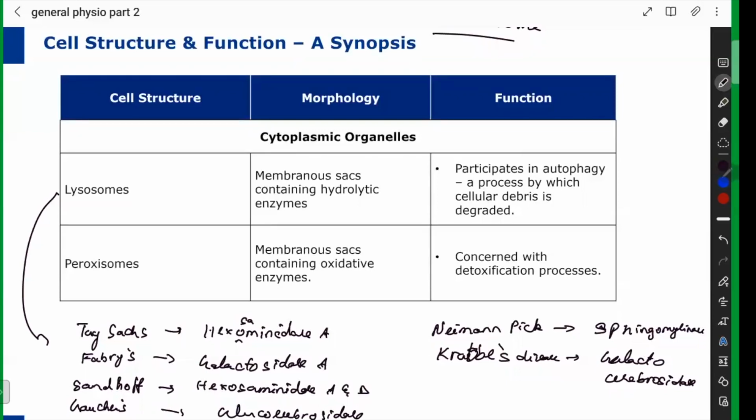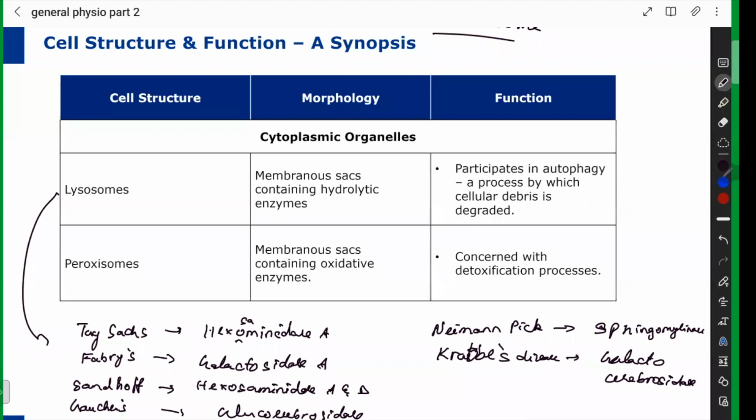Now what you need to understand here, guys, is how you are going to identify where the disease is lying. This is going to be identified by the markers I'm going to have.